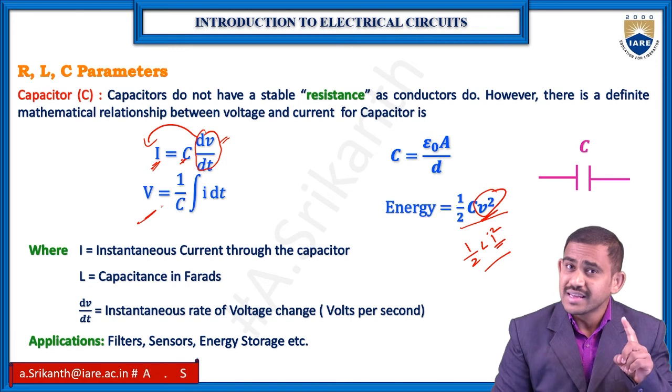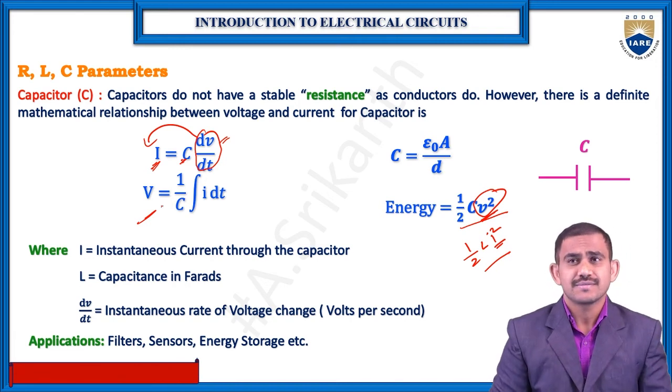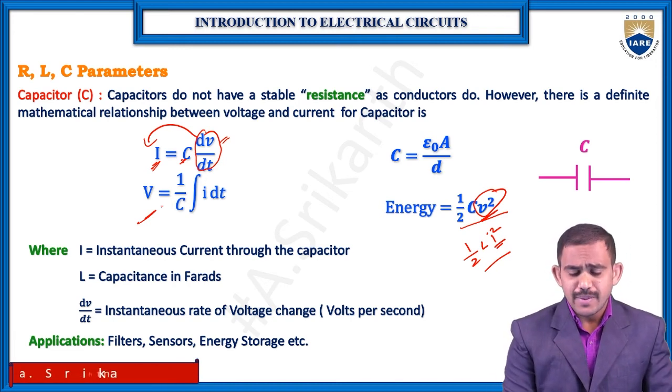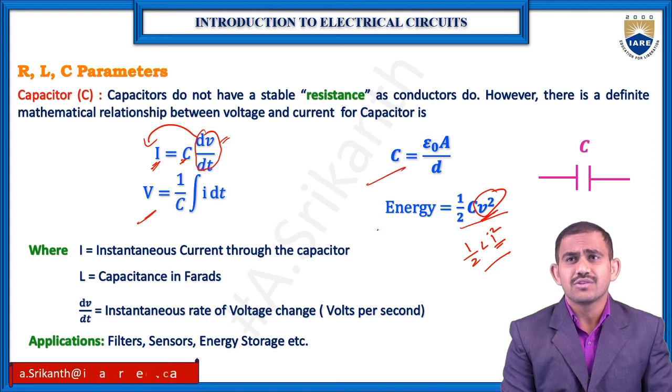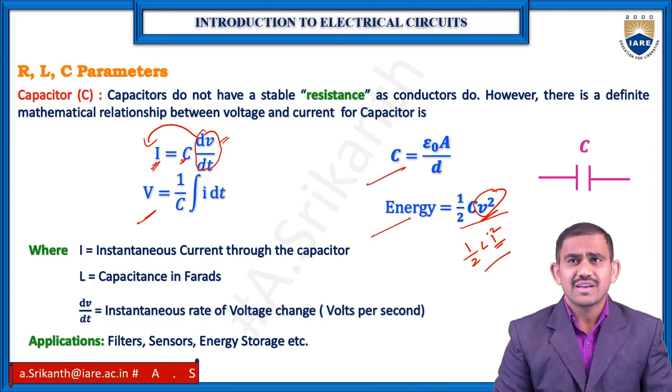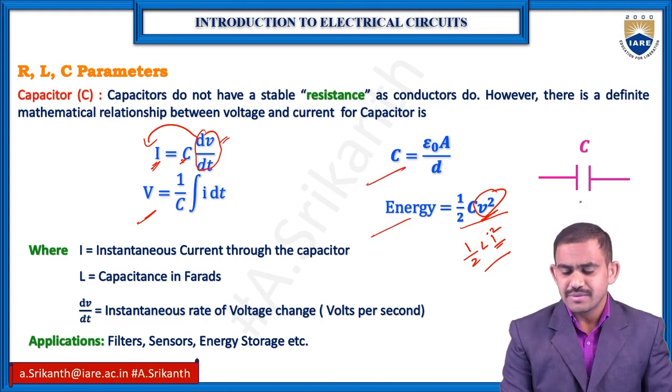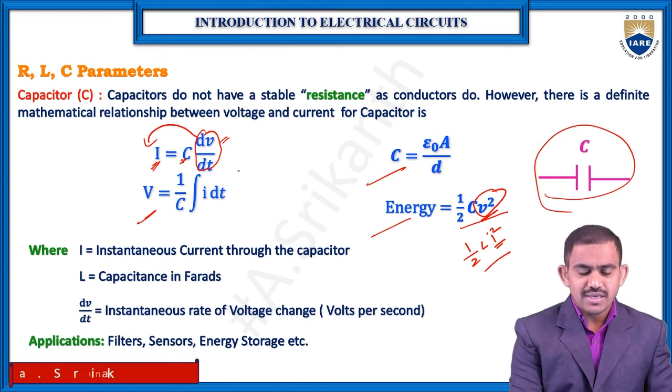This is the reverse of the inductor. The capacitor energy value is 1 by 2 C V square, and this is the symbol and the voltage and current equations.